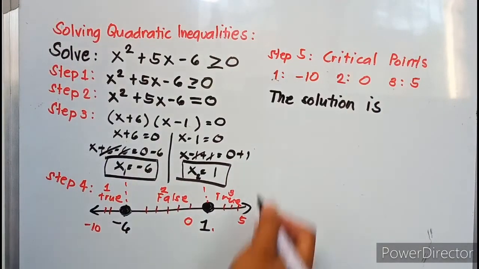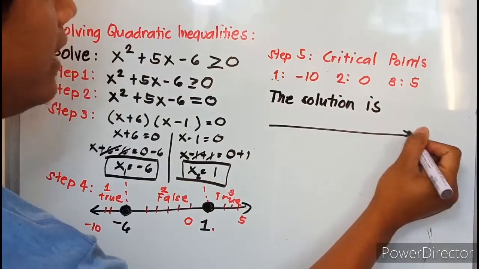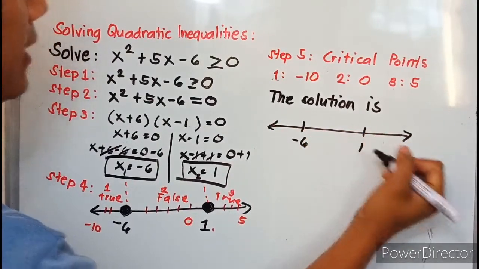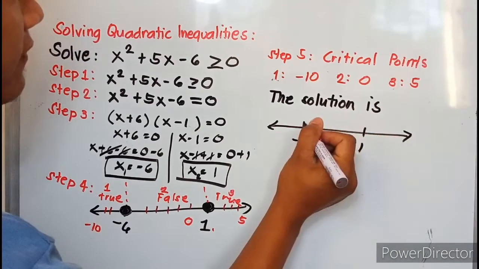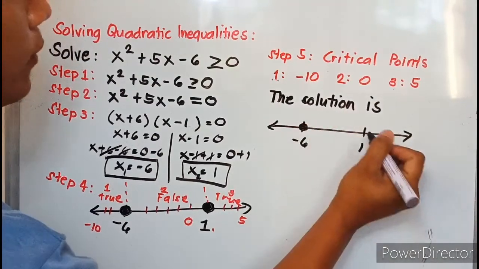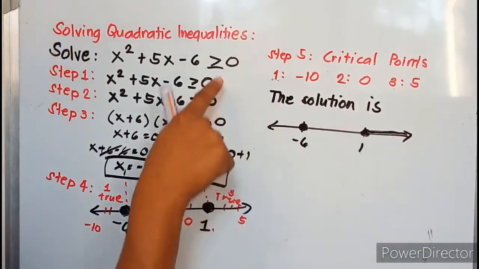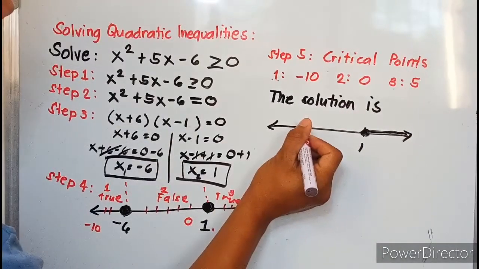The solution is, using again our number line, we have negative 6 and we have 1. Negative 6 is part of the solution and 1 is part of the solution because it is greater than or equal.